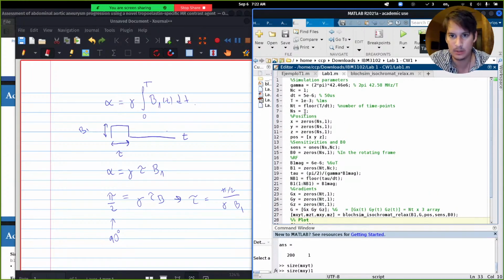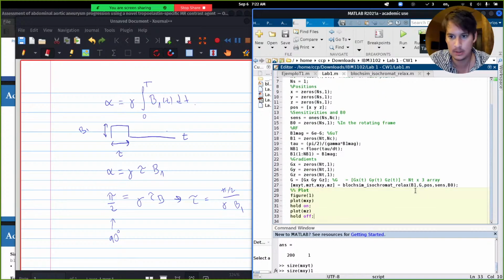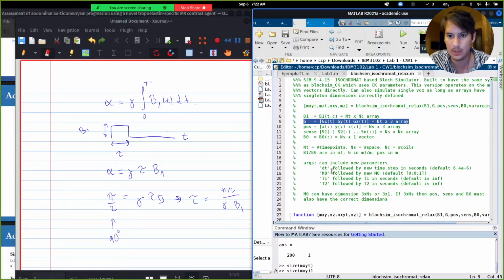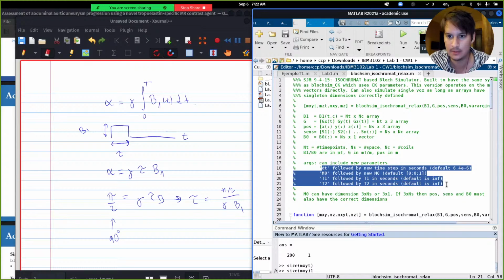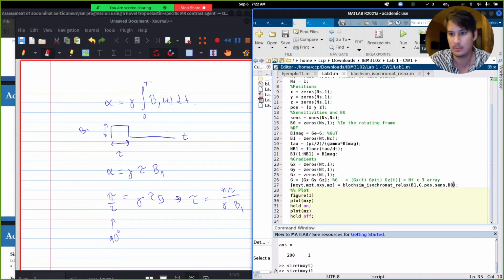And we simulate them for how long? Sorry, there's something I'm missing because we didn't define the T2 and T1 here. Okay, so we forgot to define the dt of the simulation and m0 and T1 and T2. So by default, it probably takes infinity.